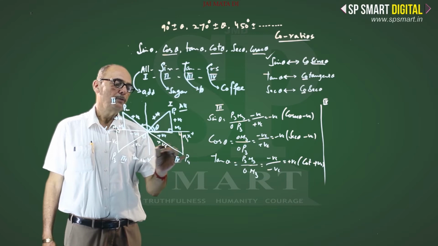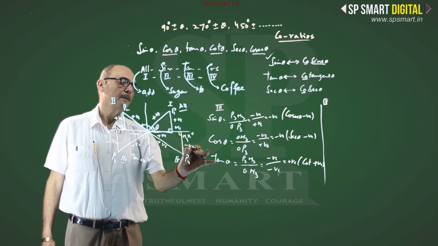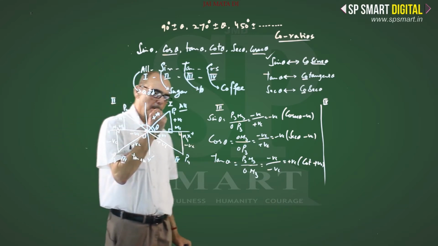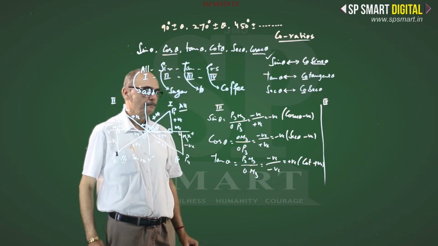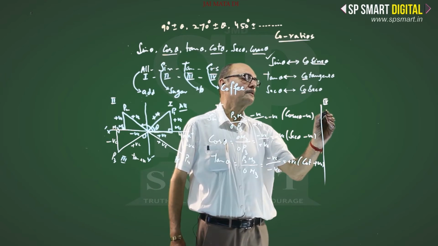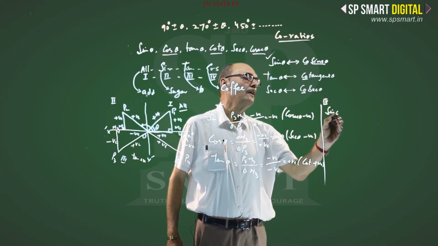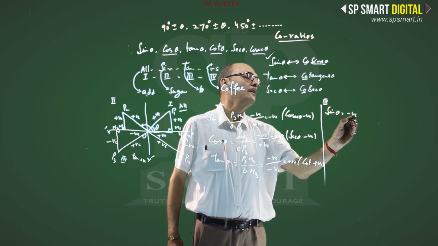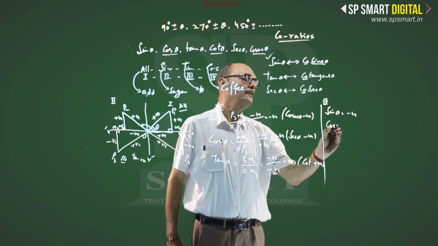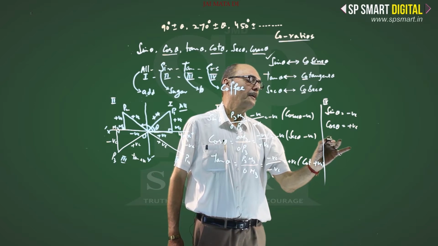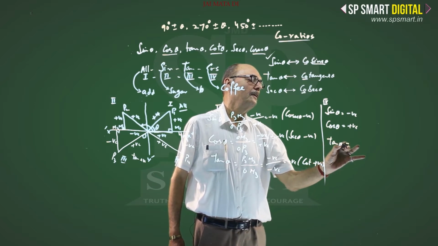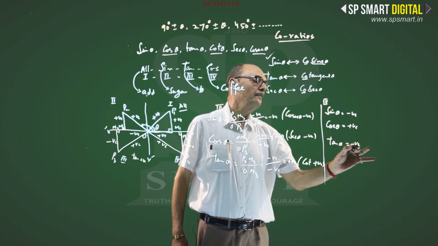P4M4 is parallel to Y dash, it is negative. So, if you take into consideration this fourth quadrant, sin theta is negative, cos of theta is positive, and tan of theta is negative.